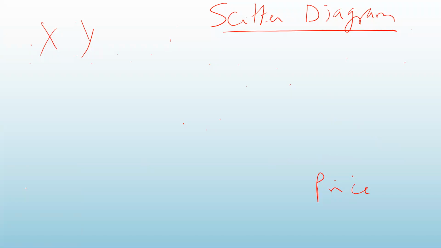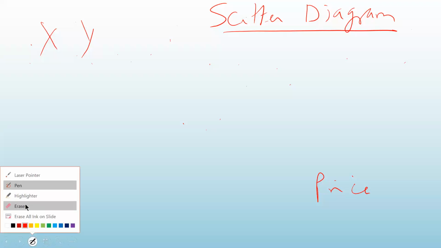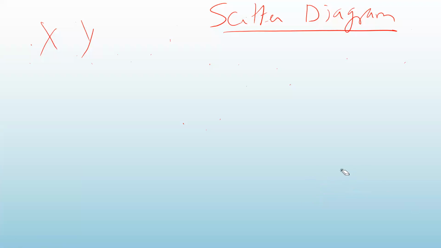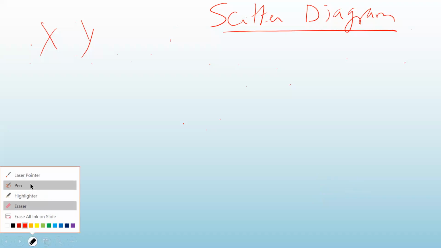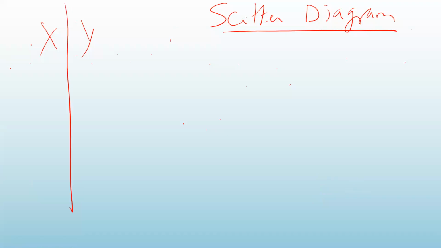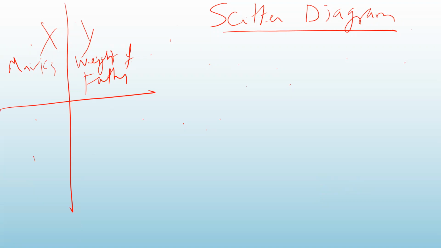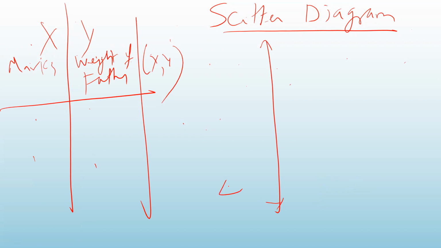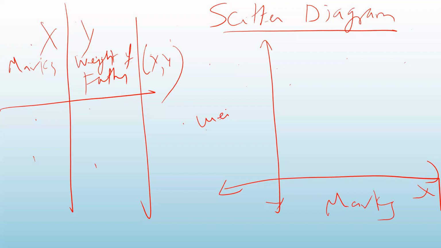Look here. Here are the marks and here is the weight of father. And you are having some values given to you. What are you going to do? You are going to take marks on the x-axis and weight of father on the y-axis, and you are going to plot the points.